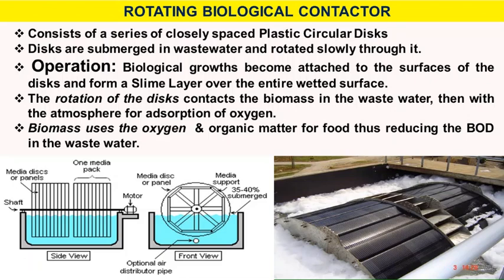So oxygenation is also taking place. The biomass uses this oxygen and organic matter for food, thereby reducing the BOD, biological oxygen demand, of the wastewater, and thereby getting better, low biological load clean water. So this way they are utilized as a secondary treatment process.